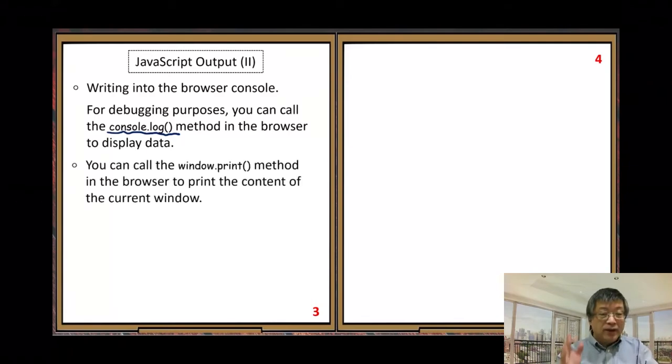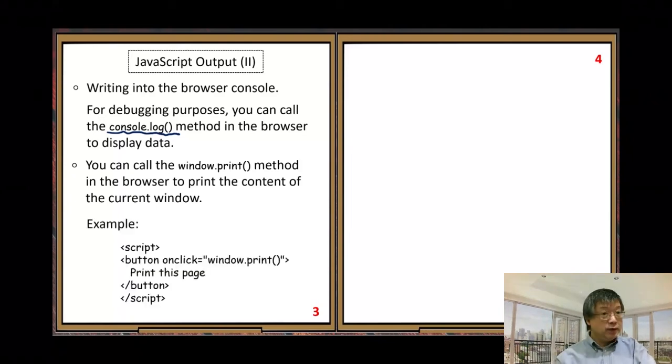Then another output way: you can call the window.print method in the browser to print the content of the current window, the current page, right? So how do we do it? Suppose we have a button. When we click it, we print the content of the current page, for example. The button has an onclick event. You click the button, this event is triggered.